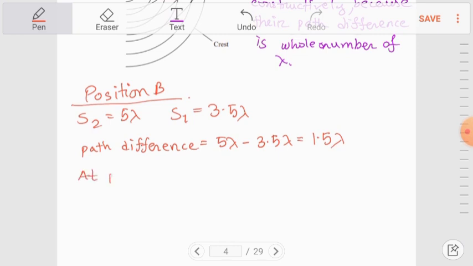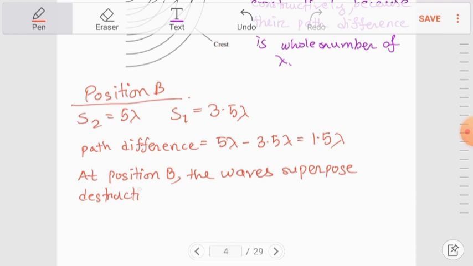At position B, the waves superpose destructively because their path difference is an odd number of lambda.